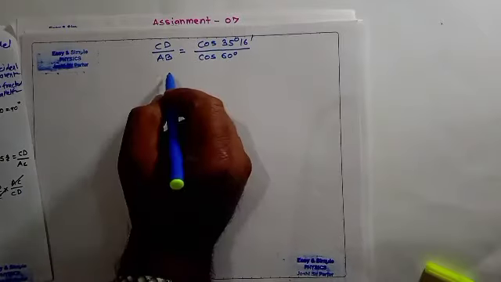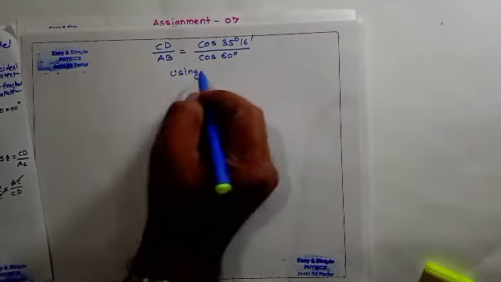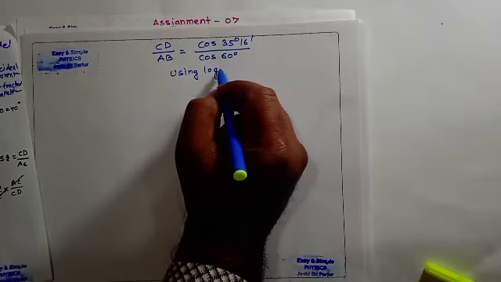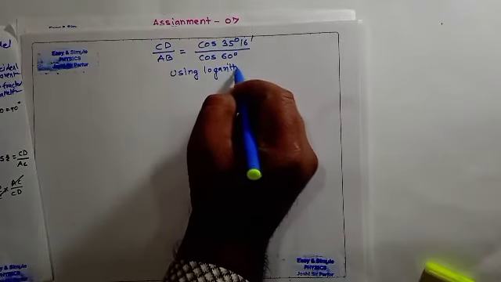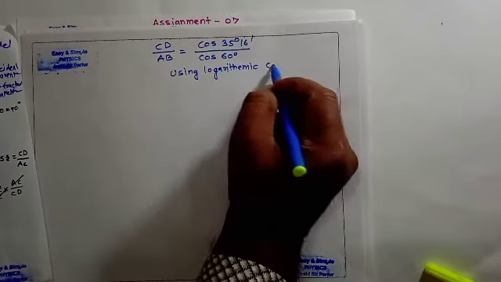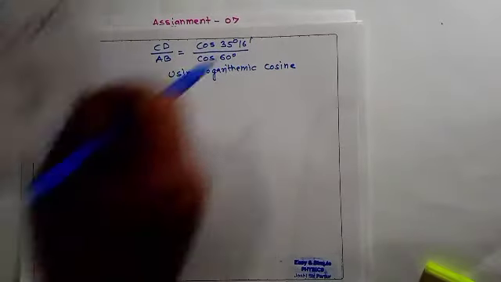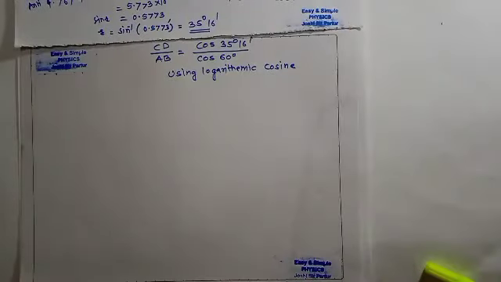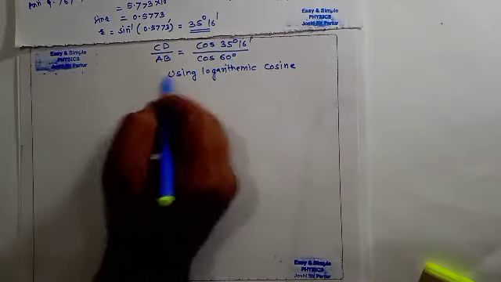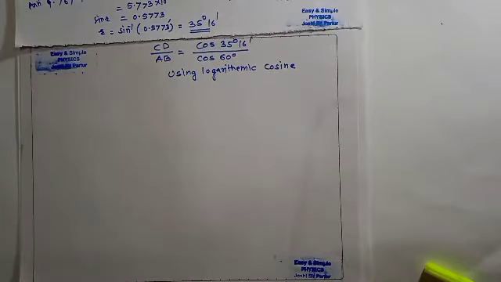Okay, using logarithmic cosine. So what happened? By using logarithmic cosine, here we can find out 35 degree 16 minute.